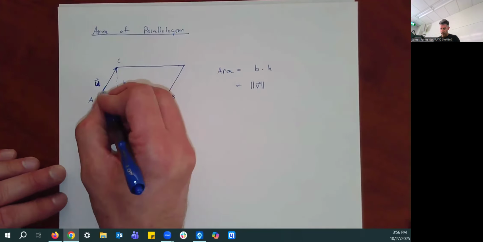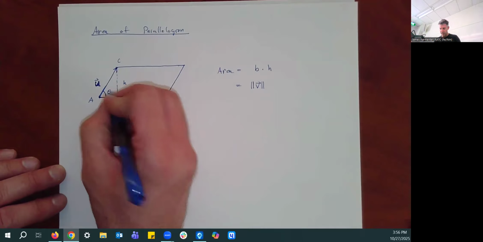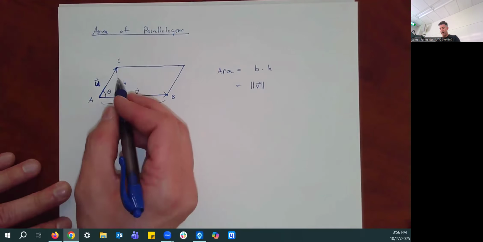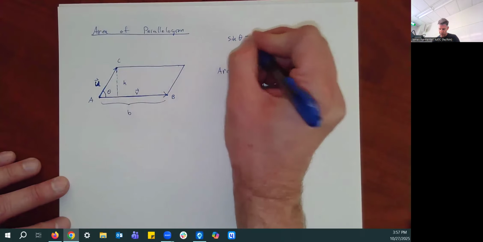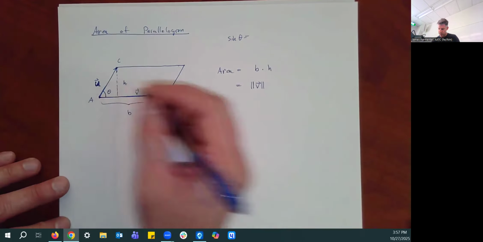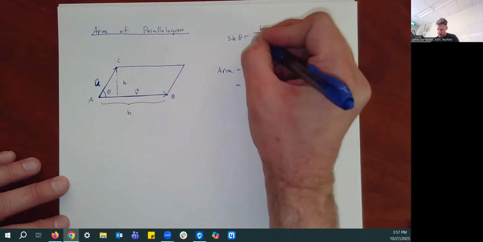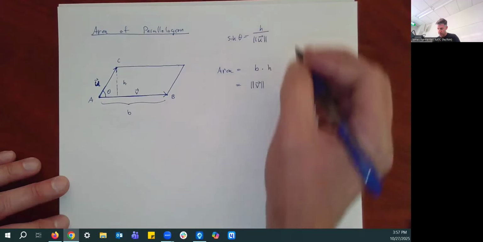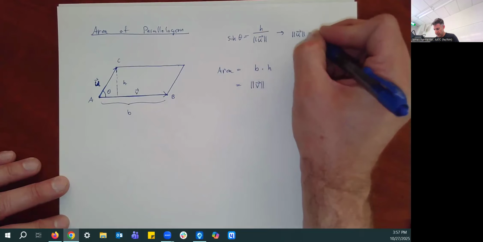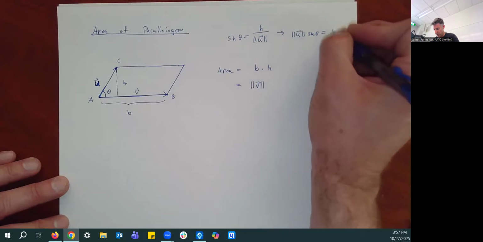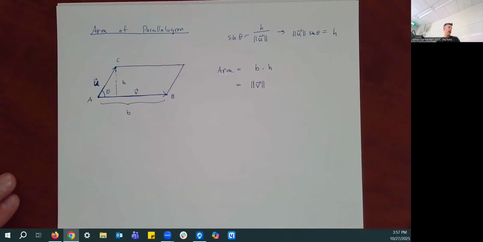But if we use trigonometry, call the angle between V and U theta, I can find the height by saying that sine of theta is equal to the opposite over the hypotenuse, which is h over the magnitude of U. So the magnitude of U times sine of theta is equal to the length of h, the height.